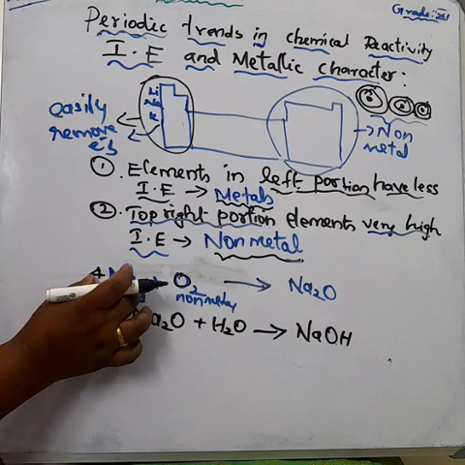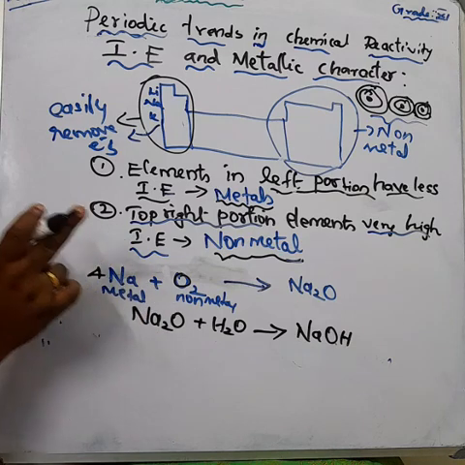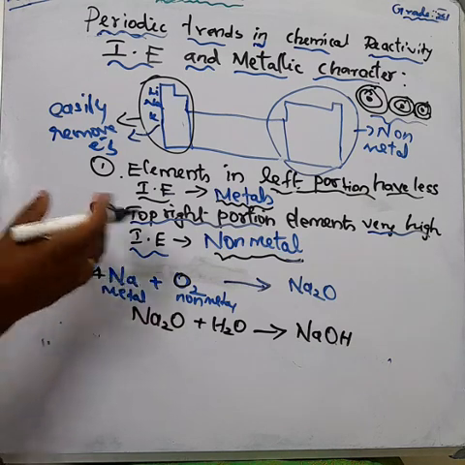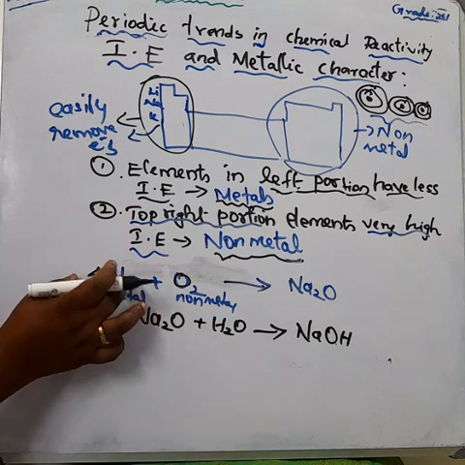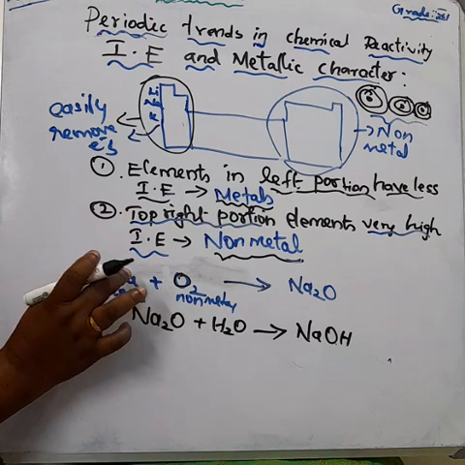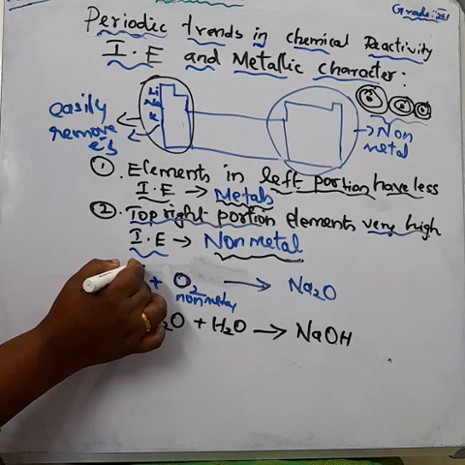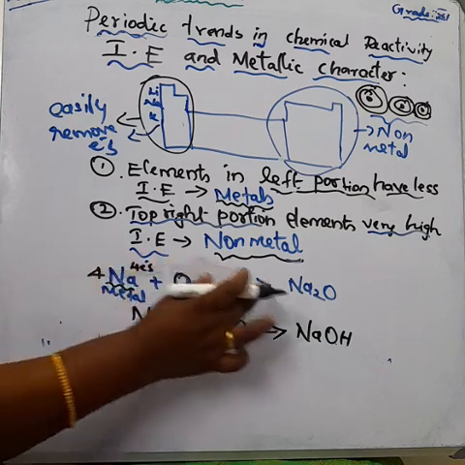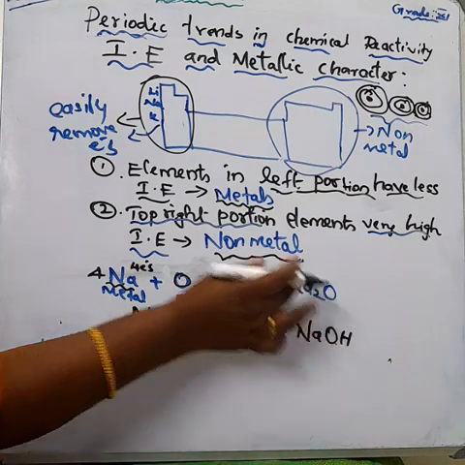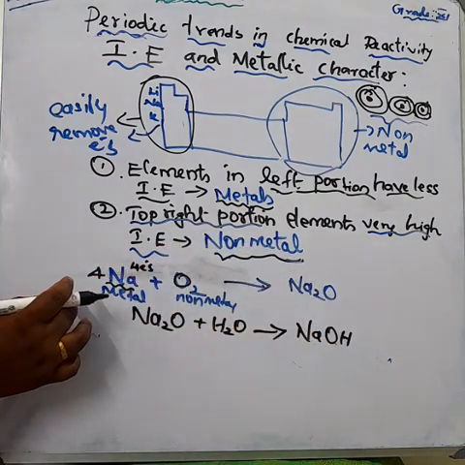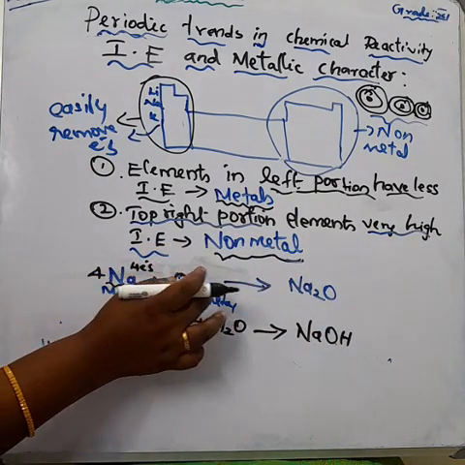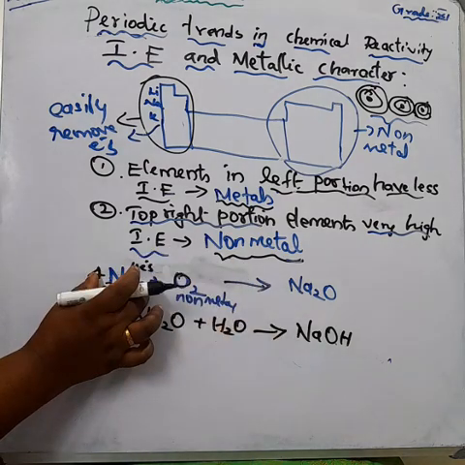One sodium atom gives only 1 electron, so 4 sodium atoms are involved in this reaction. The 4 sodium atoms give electrons to the oxygen atoms to form Na2O. Understood? For the 4 sodium we are taking here, 2 into 2, 4, we put 2 here.